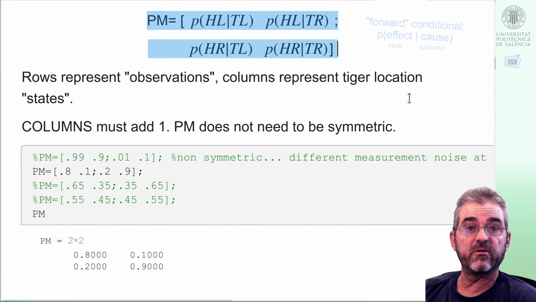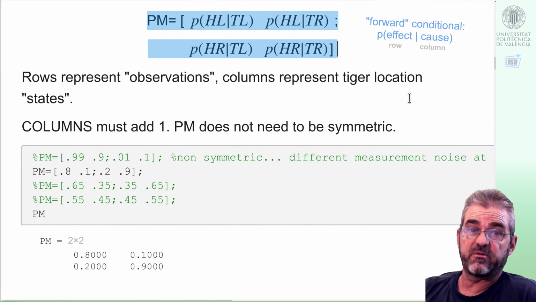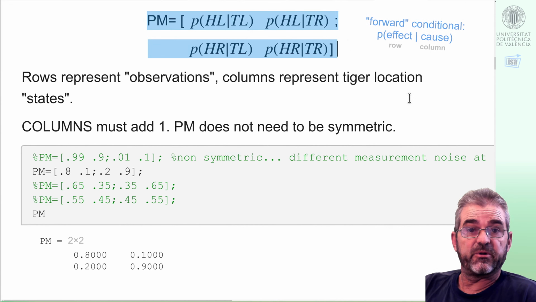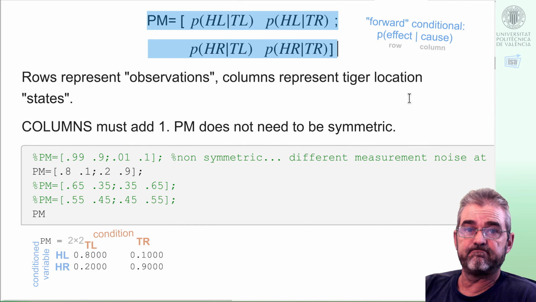The model of our problem started with a conditional probability table in which rows denote observations and columns denote tiger location, and the condition is in the columns.